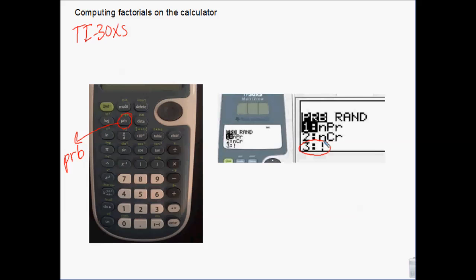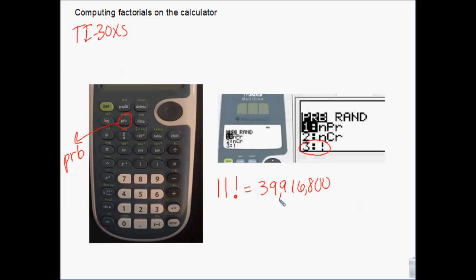So what you want to do is pick your number. So let's say I want to do 11 factorial. I'll type in 11, I'll press the probability, and then I'll press 3. And it gives me that. And then I get my answer. $39,916,800.